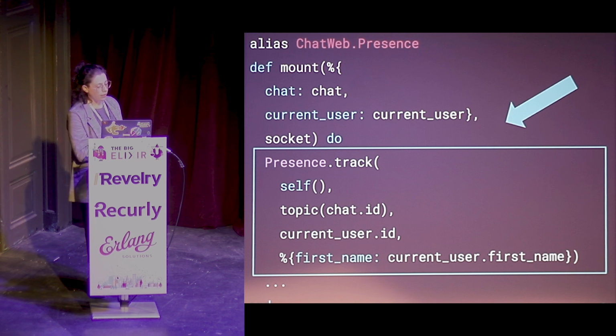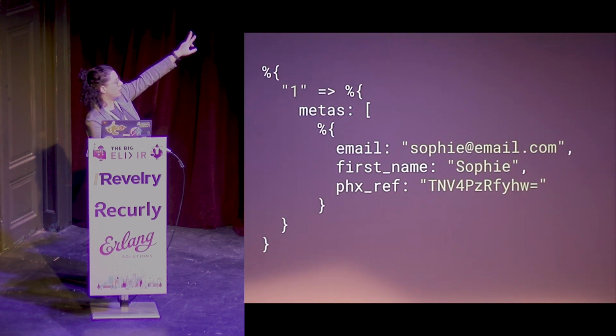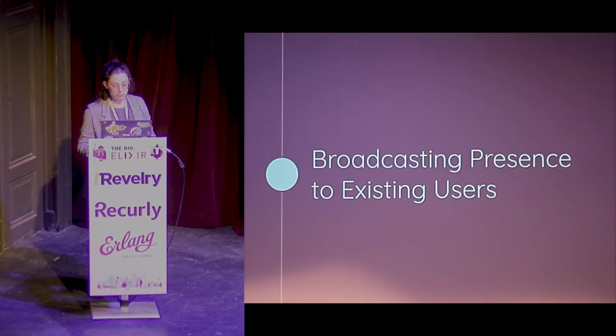And having started to track this, the presence process's state for the given topic will look something like this. So we've got our user ID and then the metadata describing the users, in this case email and name.